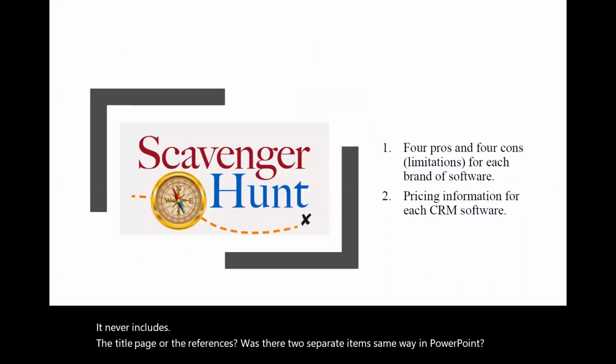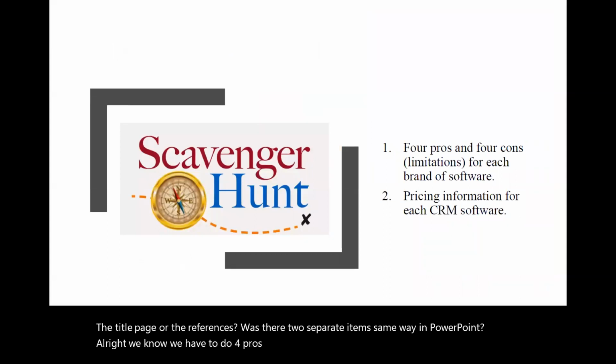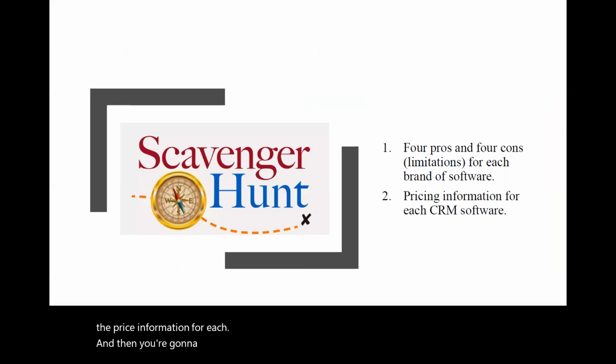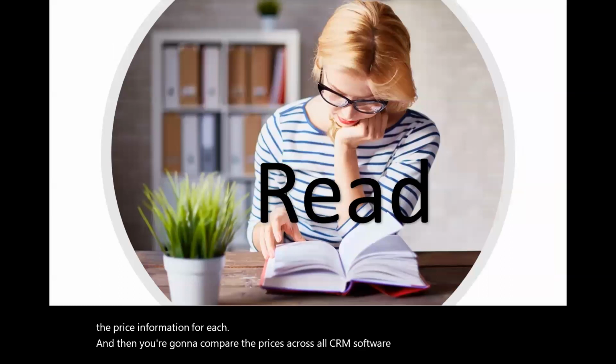All right, we know we have to do 4 pros and 4 cons for each brand of software. And we need the price information for each. And then you're going to compare the prices across all CRM software packages. So we need to read.